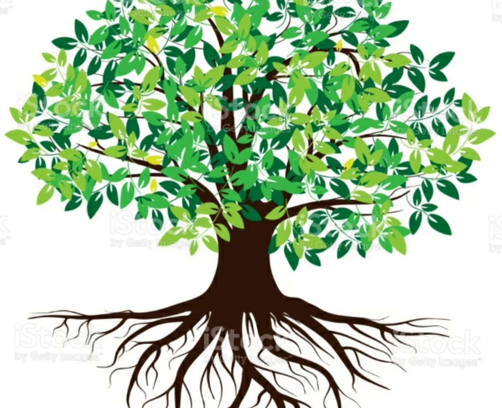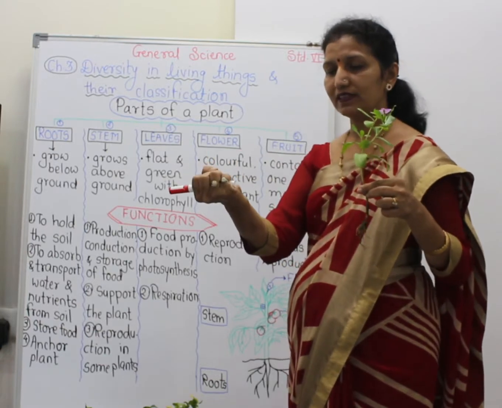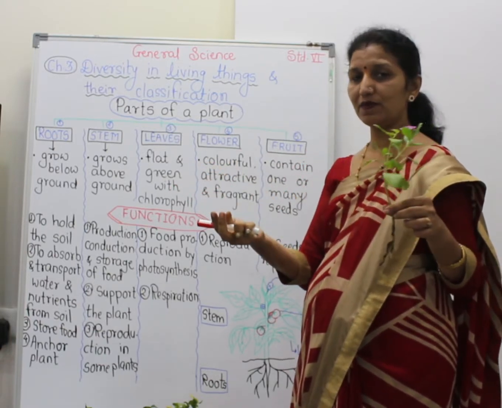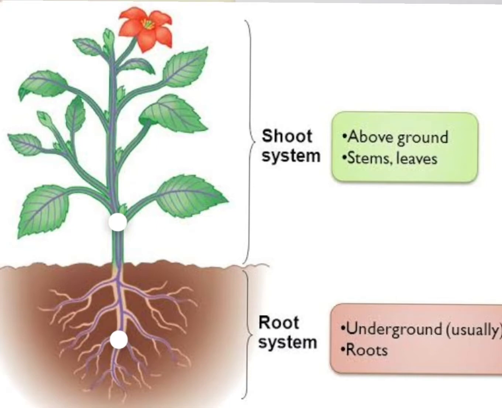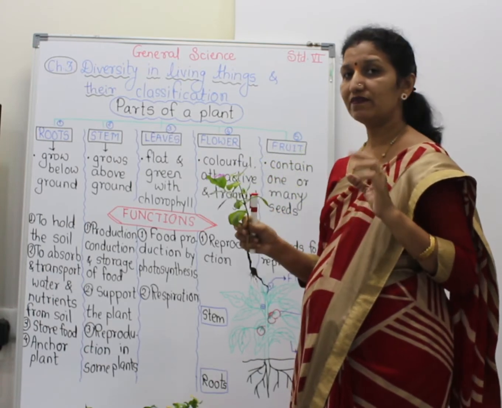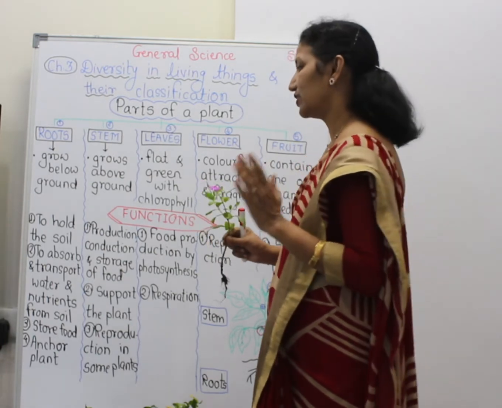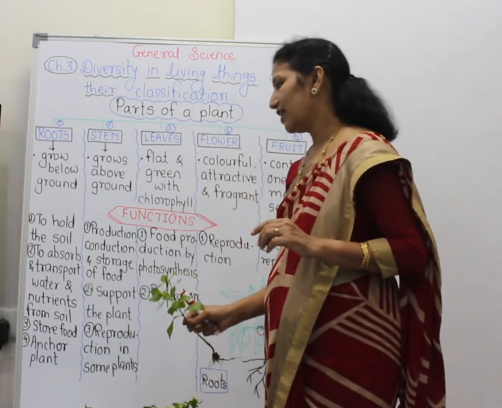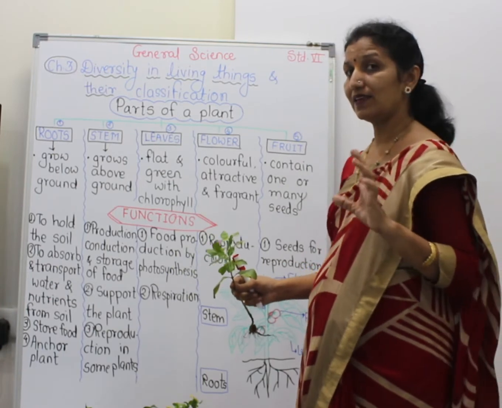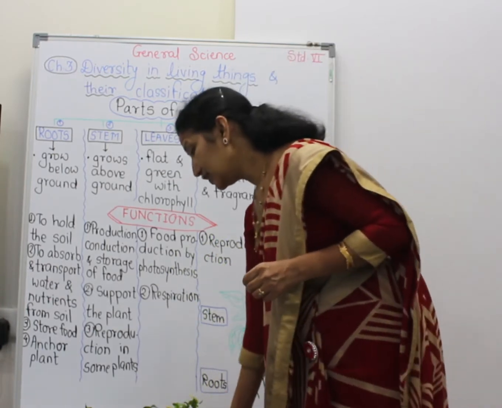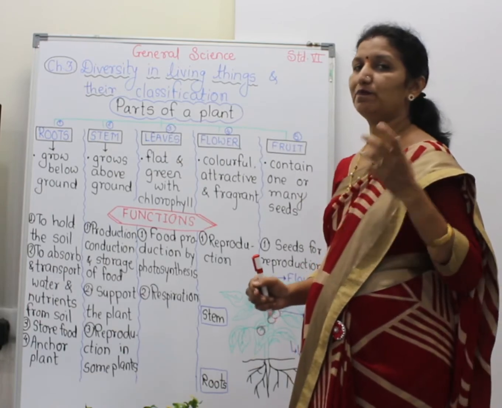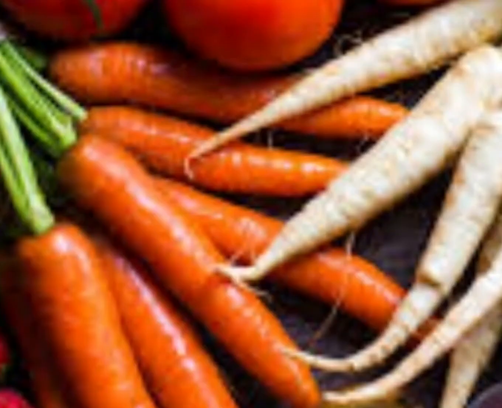And they anchor the plant also. They give support. If they do not anchor, these plants cannot survive. That's why it is also a very important function. To hold the soil, to absorb and transport water and nutrients, to anchor the plant, as well as to store food. These roots of the plant store food.